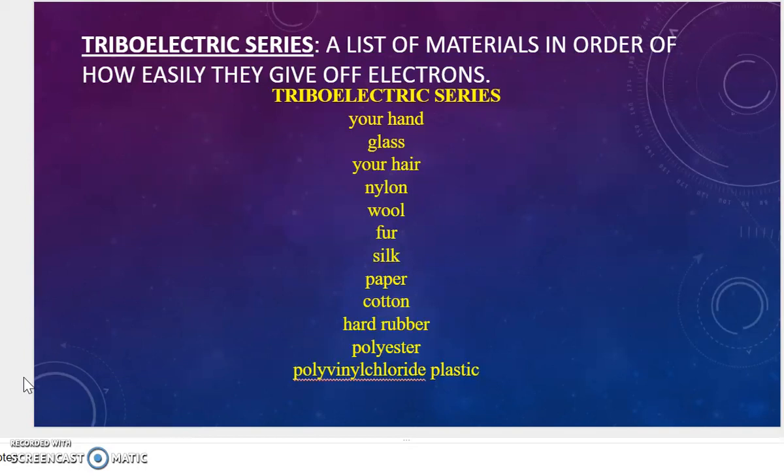At the bottom, you'll see things like polyester or polyvinyl chloride plastic, which is just PVC plastic. Those in the middle, wool, fur, and silk, do an okay job of releasing their electrons.